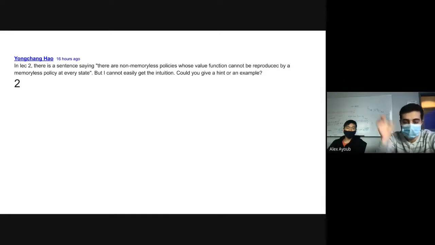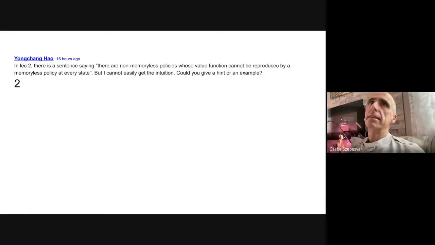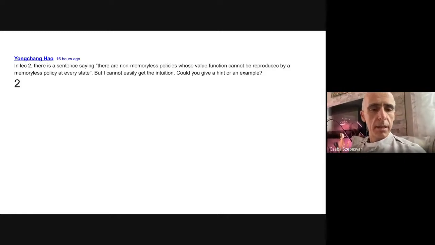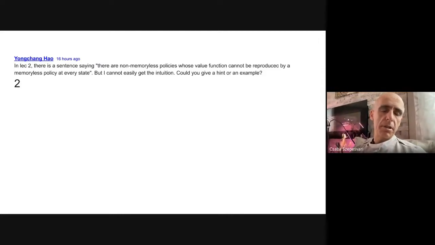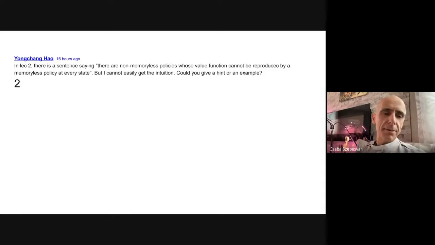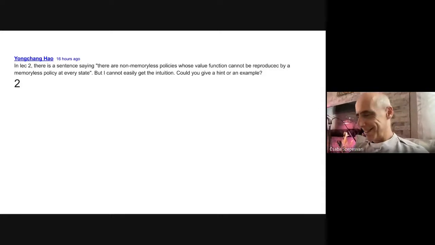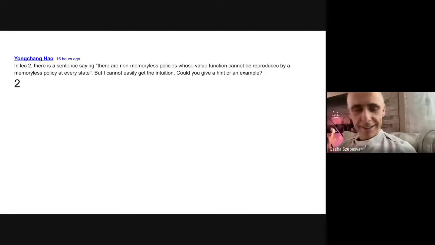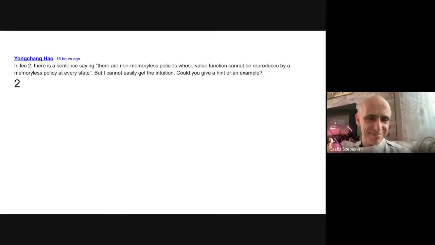Okay, that's right. The example could be something like this, even in an MDP. You could have a policy that remembers what it was doing, and that makes the value really bad for some things, but it doesn't matter. Make sense? Yeah, thank you.